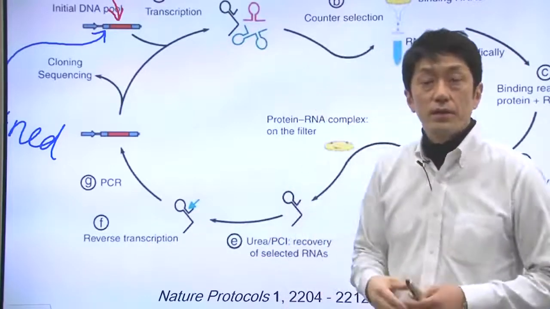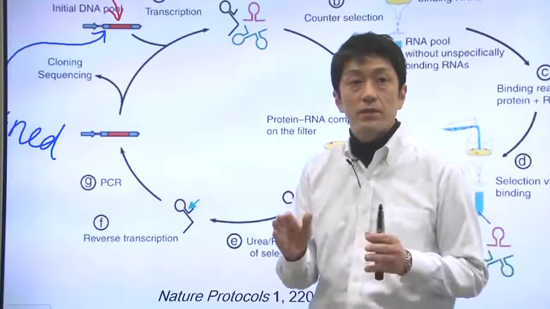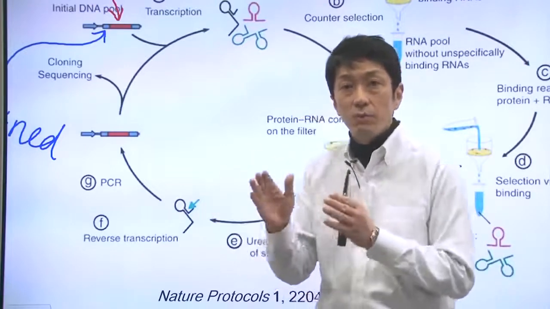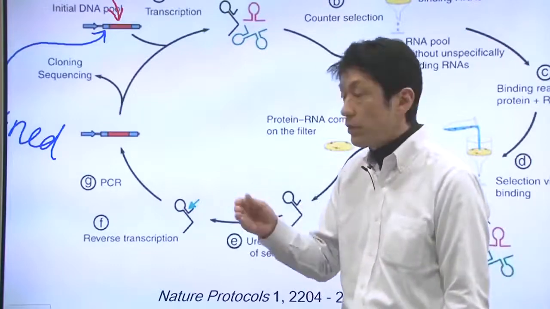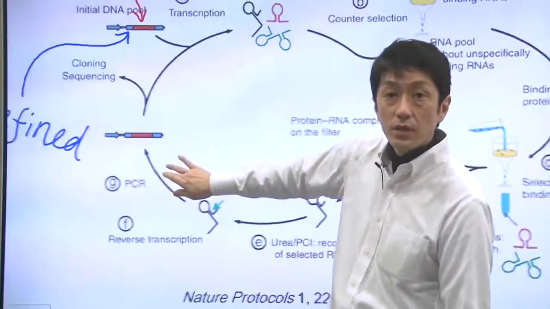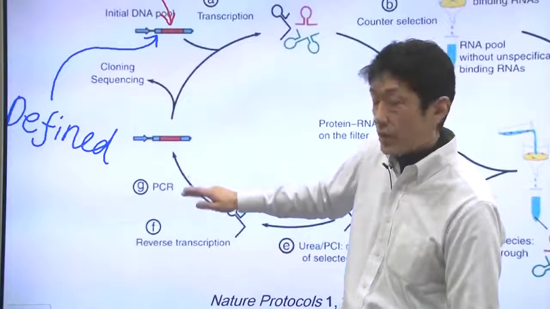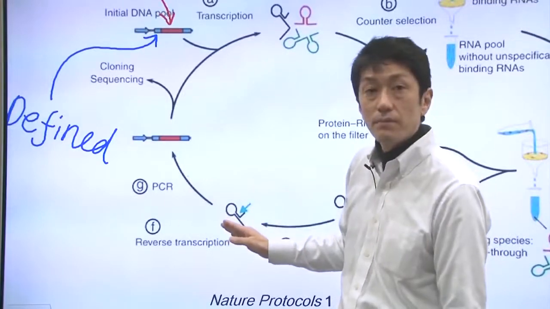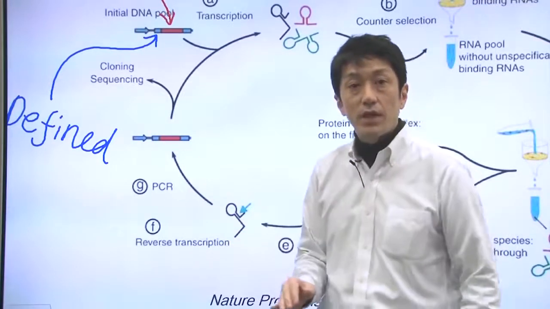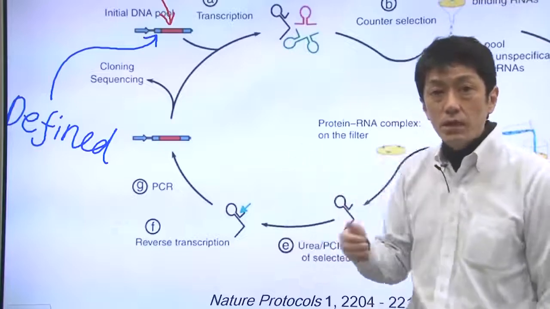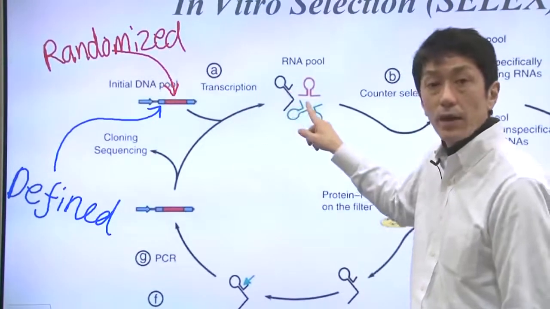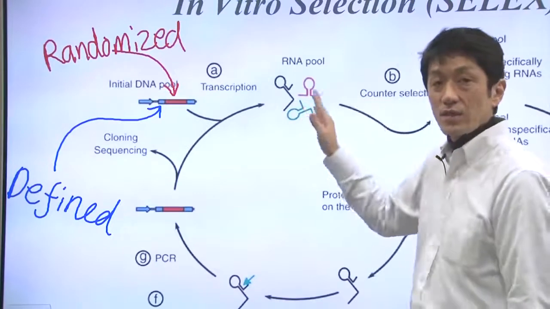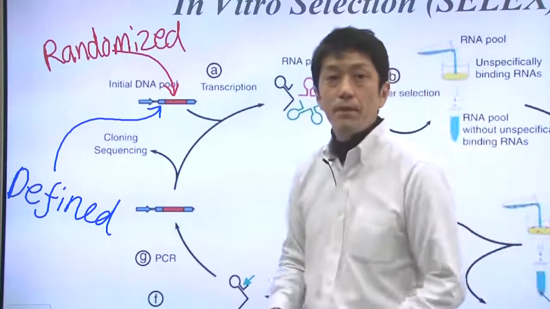As I mentioned earlier, the original DNA library has defined sequences at both ends. Therefore, the PCR reaction with DNA primers complementary to these sequences would amplify the selected rare DNAs. The amplified DNA can then be converted into RNA by transcriptase. This is the end of round 1.